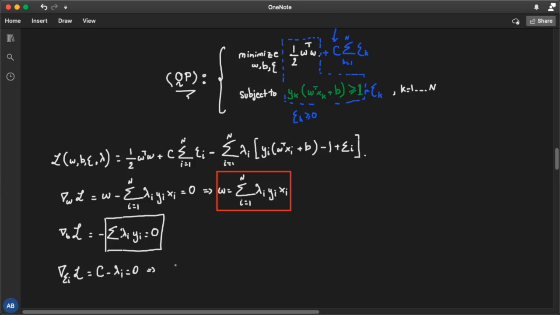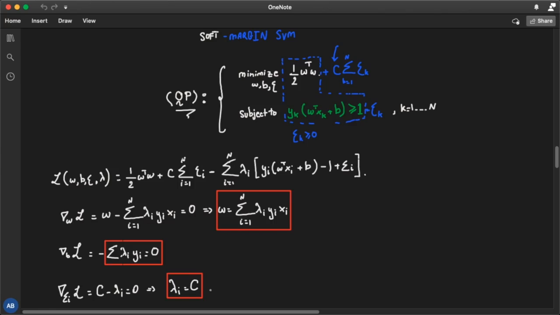So we get that lambda i is C. Actually, this guy over here is an upper bound on lambda i, because we're solving the problem with equality constraints. And all my lambda i's should be positive according to KKT, so this translates to all my lambda i's being positive and C being the upper bound, right?